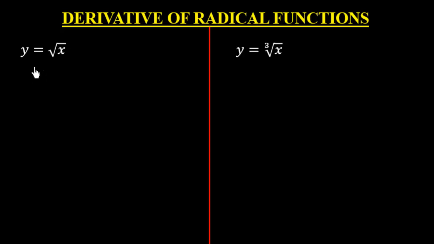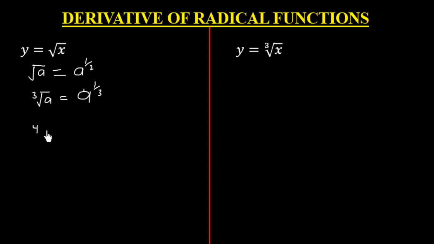Now, from indices, when you have square root of a, the fractional index for square root of a is a to the power half. The cube root of a is equal to a to the power 1/3.